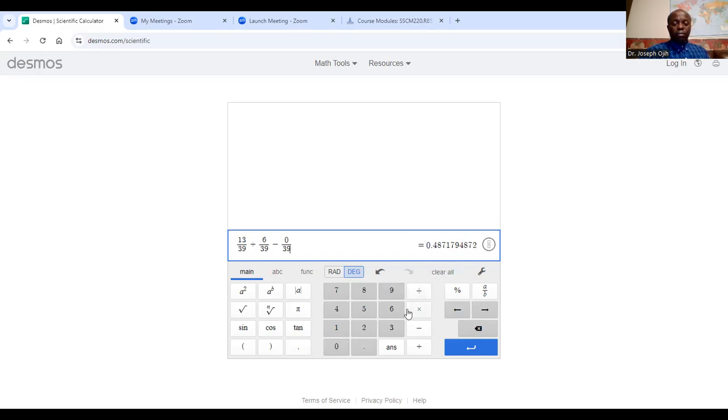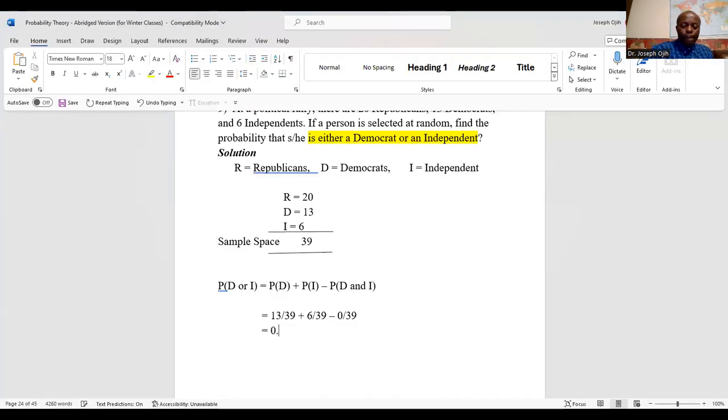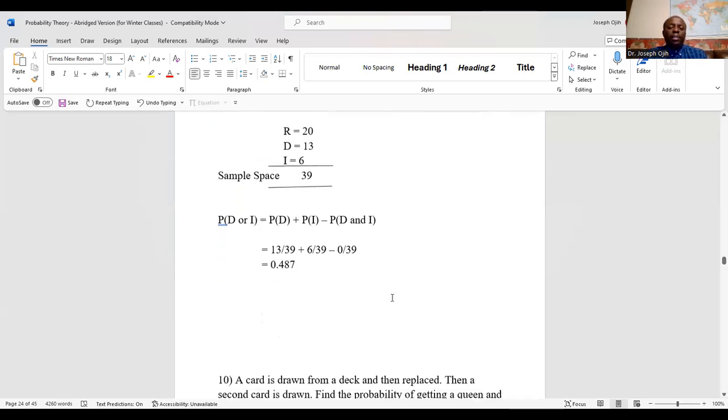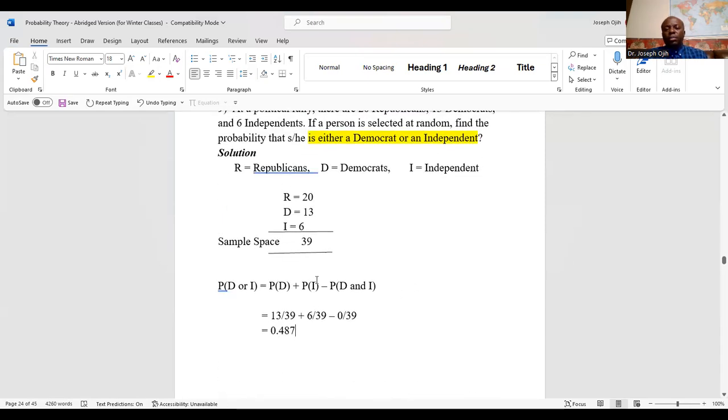That gives 0.487. So the probability that the person is either a Democrat or an independent is 0.487. So that's how we solve this kind of question here.